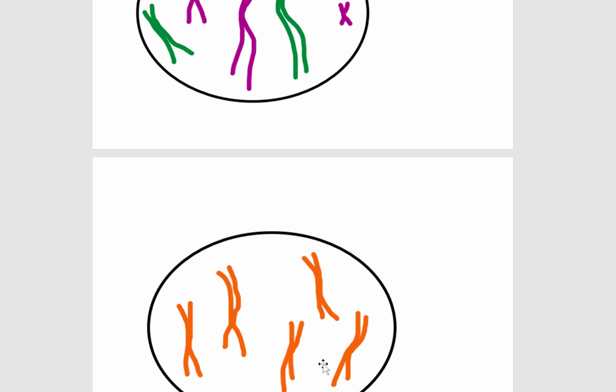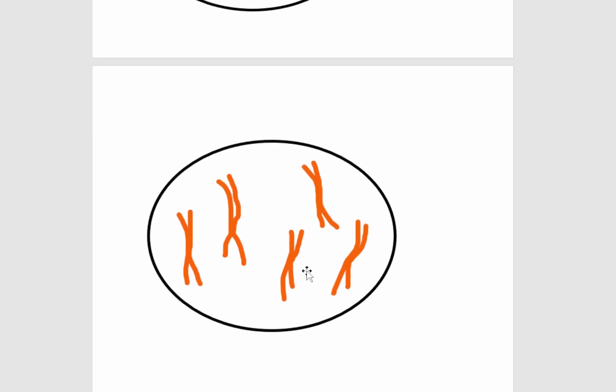So this cell cannot be in G1 because it has duplicated chromosomes. That only happens in the S phase. So this is either the end of the S phase, G2, or it could be prophase. It cannot be metaphase because they're not lined up at the plate.